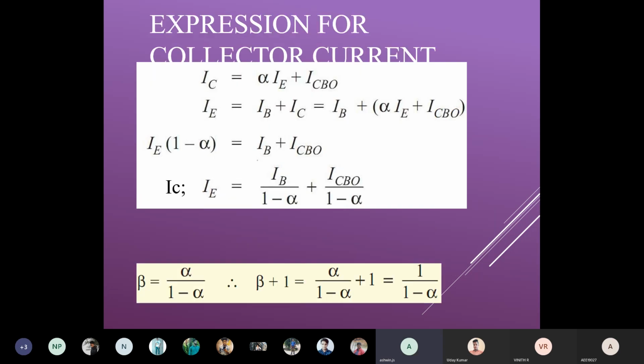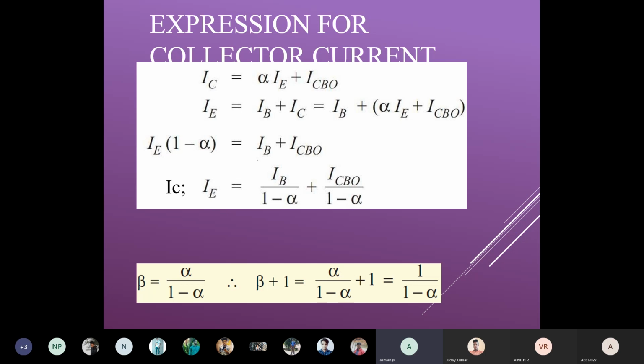And next equation. Do you remember the first equation? IC is equal to alpha IE plus ICBO. The alpha equation is IC by IE, and I'm adding the leakage current.